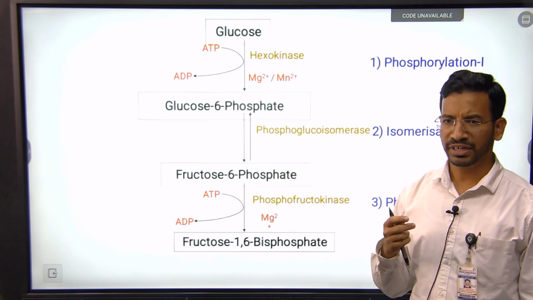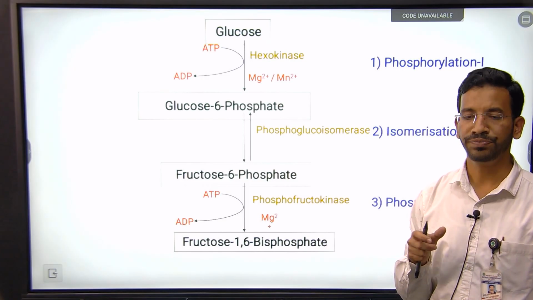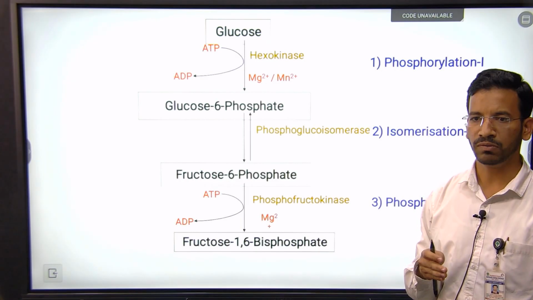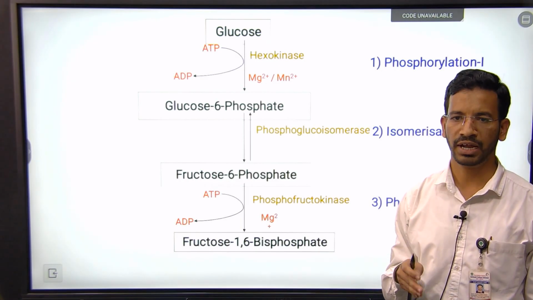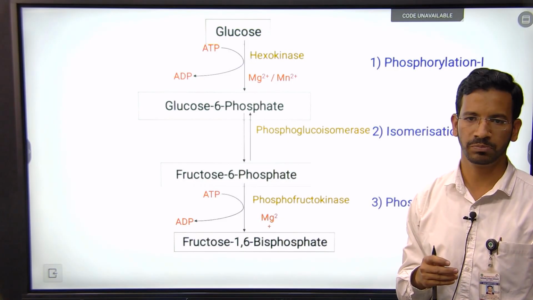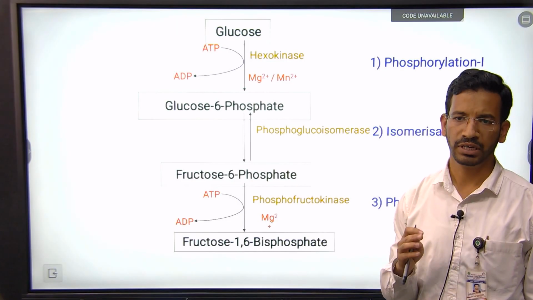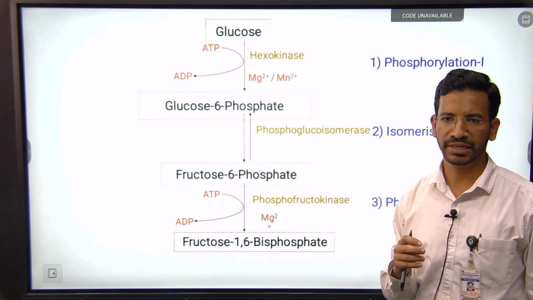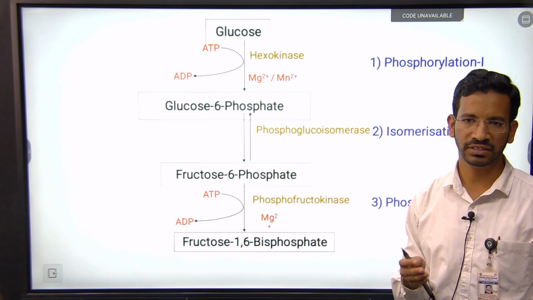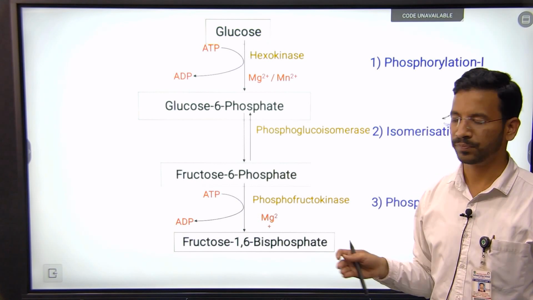The reaction of glycolysis is also regulated by this enzyme. So here is involvement of 1 ATP molecule which donates the phosphate, and phosphofructokinase adds this to the fructose 6-phosphate, forming the fructose 1,6-bisphosphate. Here, for activity of enzyme phosphofructokinase, magnesium ions are very important. This reaction is referred to as phosphorylation.